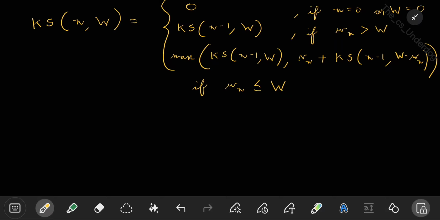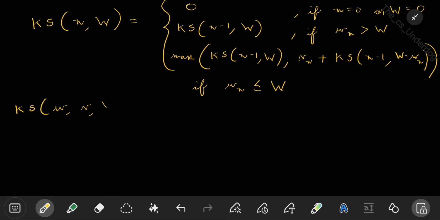Let us write the knapsack function. It will look something like this. Knapsack of, what will be the input? You have one array w, which will tell you the weight of all items. Then you will have one array v, which will have the value of all items.